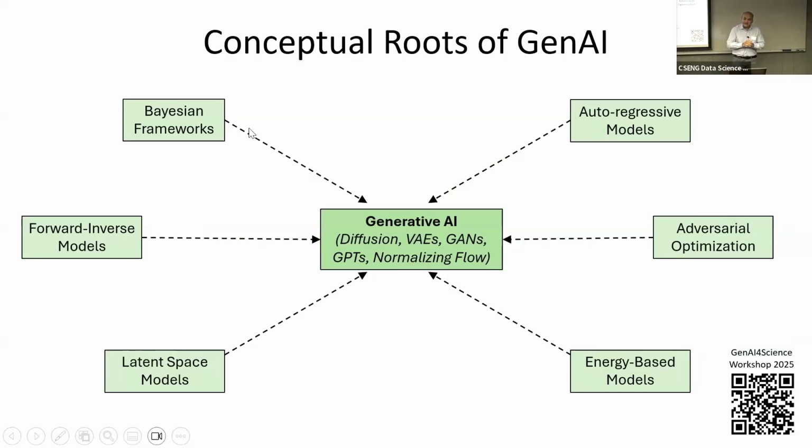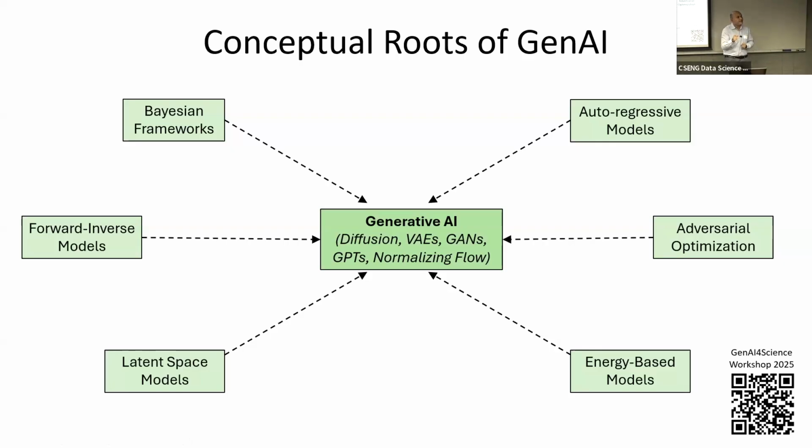You can see that these are almost like the headwaters of generative AI. We have ideas coming in from Bayesian frameworks that lead to Bayesian networks. There are ideas coming in from autoregressive models that have been historically implemented using ARMA architectures. There are ideas from energy-based models, latent space models. And all of these headwaters have contributed to the rivers of generative AI that we see today in these modern GenAI versions.